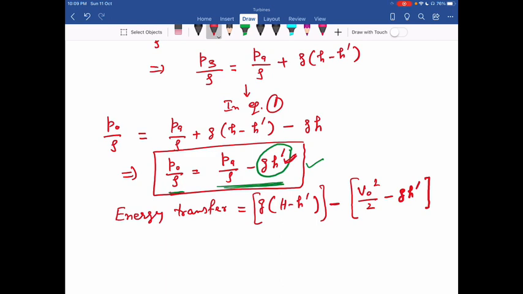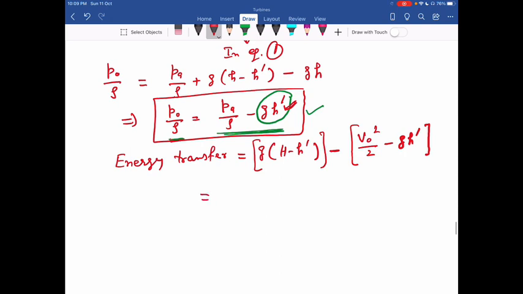Okay, so this I can write now. You can see, cancel the common terms. So this comes out to be GH minus VO square divided by 2. This is again per unit mass.